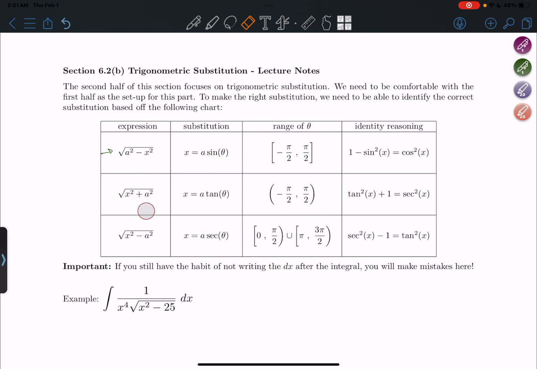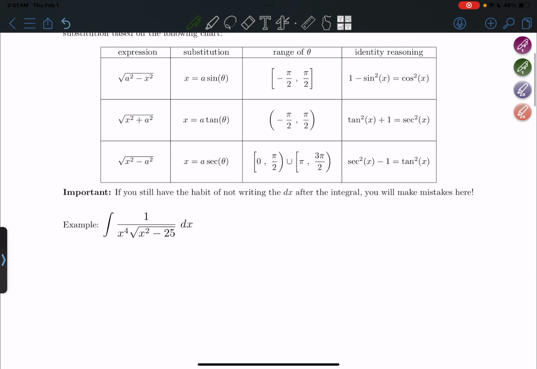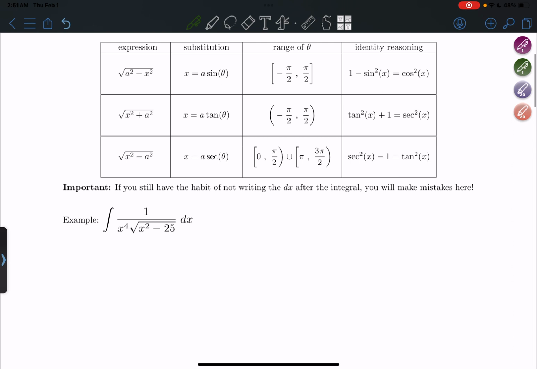Anyway, let's practice some of these. Just like the trigonometric integrals, the idea is to understand which case you're using, which kind of radical function you see inside your integrand, and then you can apply the substitution correspondingly with your chart. Let's take a look at our first problem here.